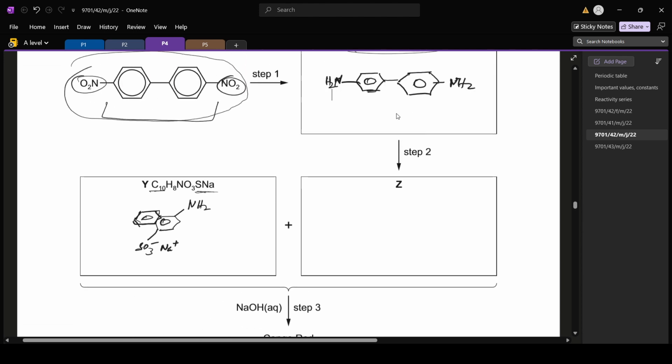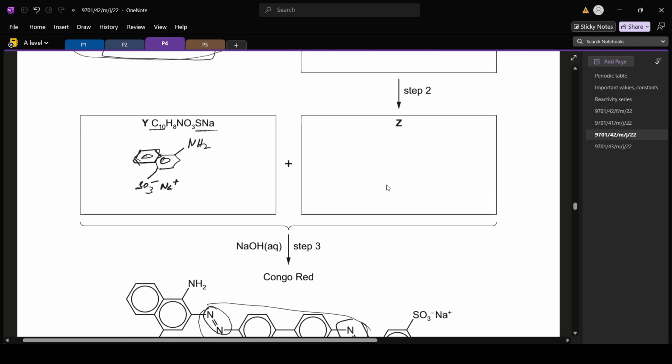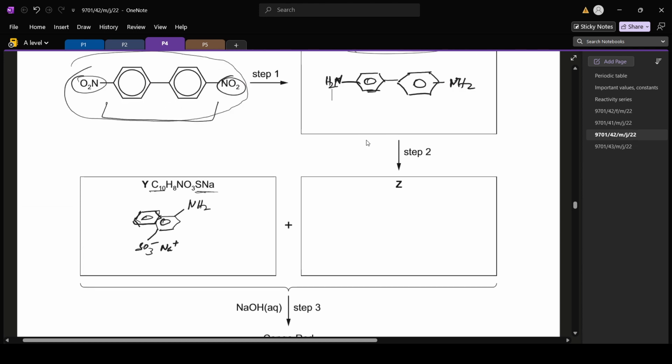Now how will you make the diazonium? You will make the diazonium from phenylamine by reacting it with HNO2, and it will form the diazonium. Now this is your diazonium plus.